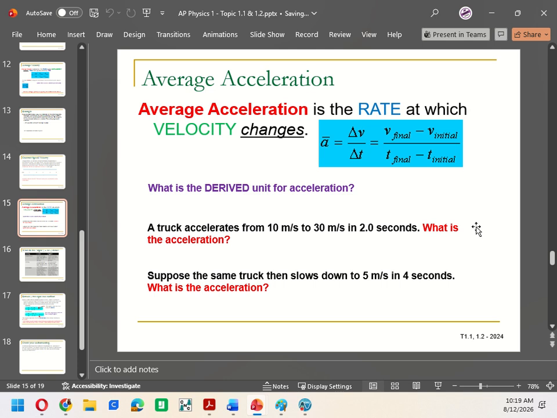So that's going to give me a negative 25 over 4, which is a negative 6.25. And my units are meters per second squared.